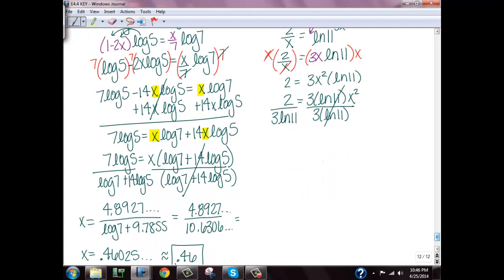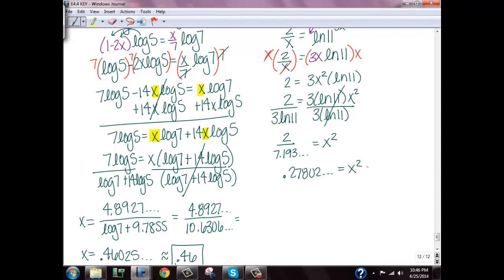Okay, so when I plug that into my calculator, I have 2 divided by, when I do 3 ln 11, it gives me something like 7.193 and some more junk, which when I divide that out gives me 0.27802 and some more junk equals x squared.